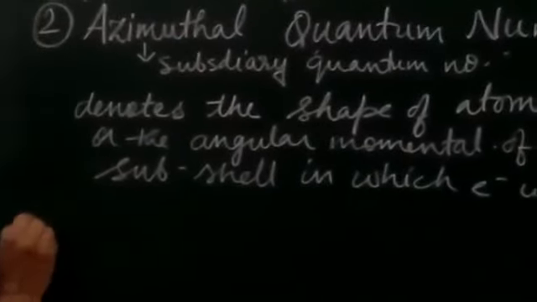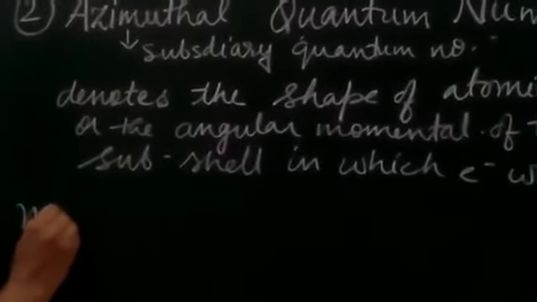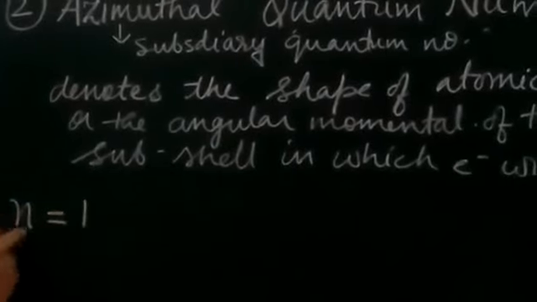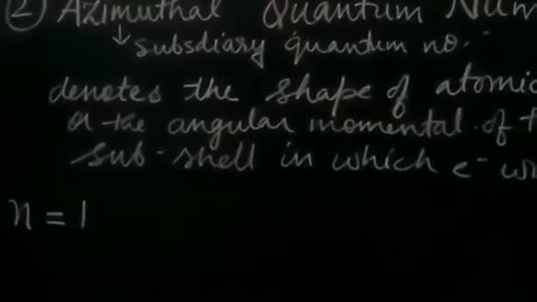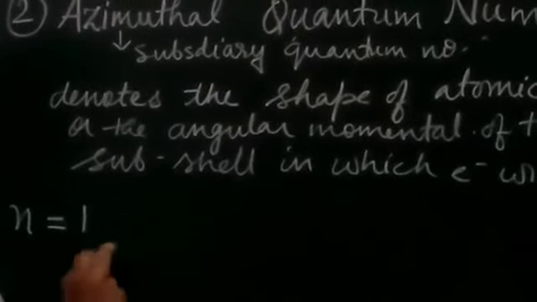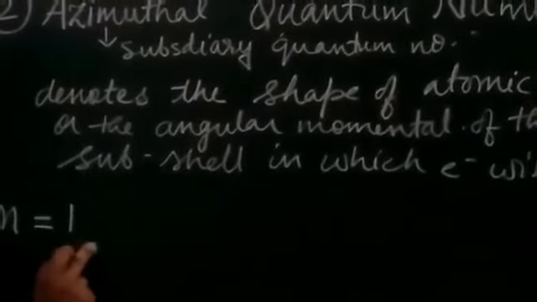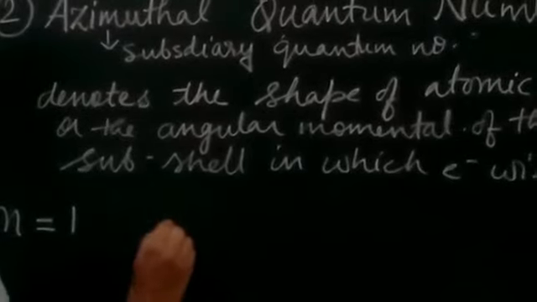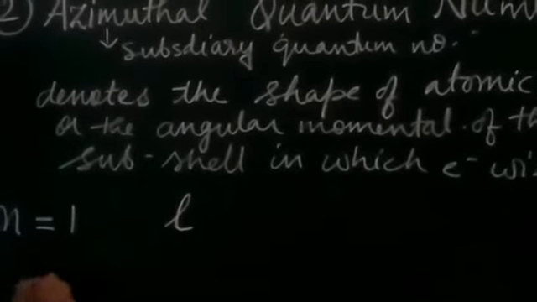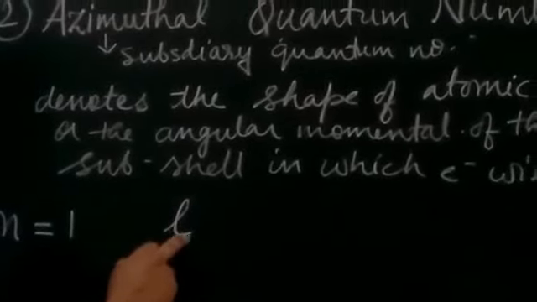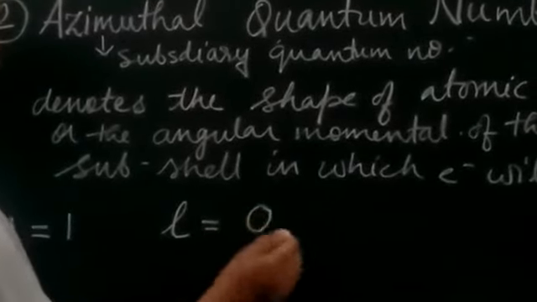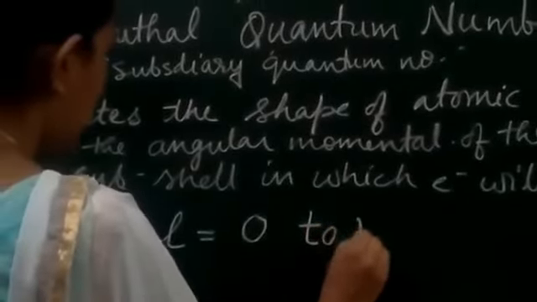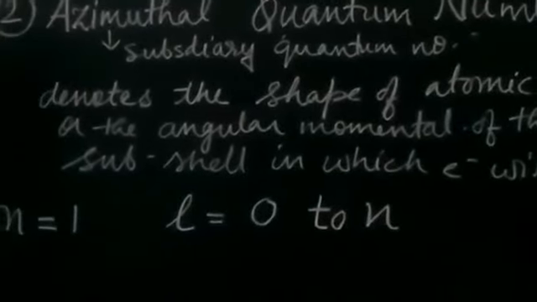For every shell, let it be n equals 1, we will have subshells. Now let it be n equals 1, first shell, then the number of subshells, which is denoted by l, will be equal to 0 to n.